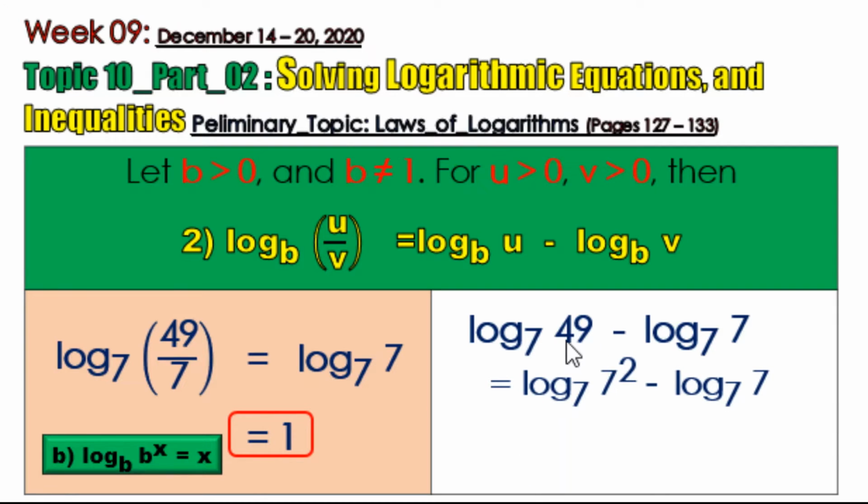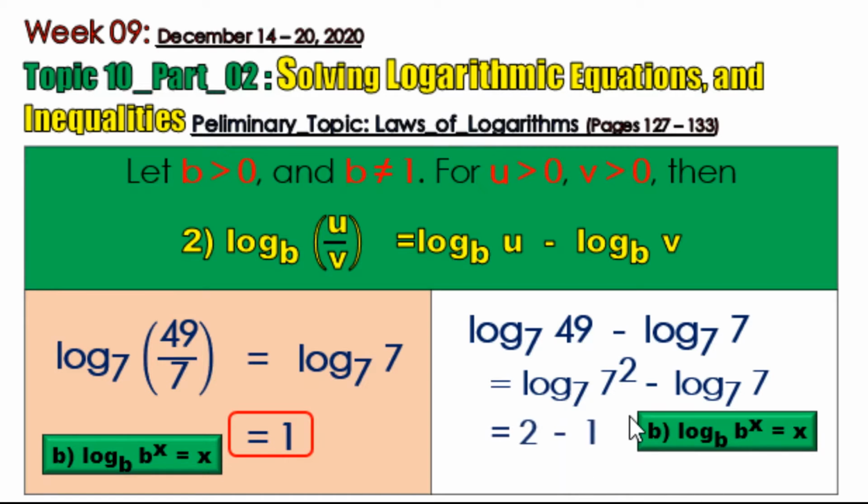Okay, so 49 can be expressed as 7 squared, and then copy this. So what do you think is the value of this? Of course, we have the exponent 2, and this one, we have 1. Still applying the basic property of logarithm, we have 2 minus 1, the answer is 1.